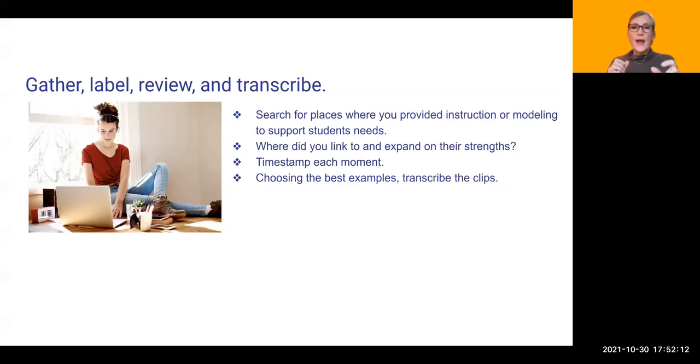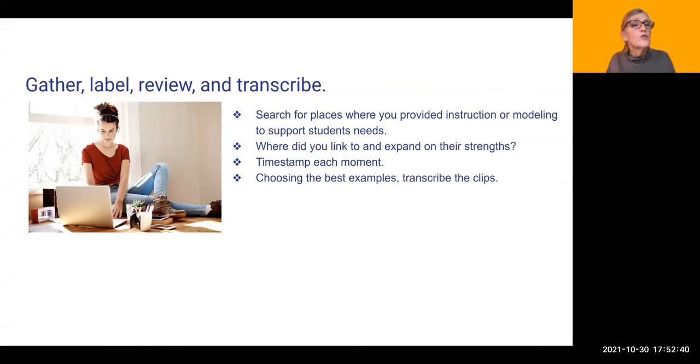And then pick the best evidence for strength and the best evidence for need within the constraints of what you can turn in. So let me explain that a minute. Very often students give 3 lessons minimum, and they will film that in 3 different sections, right? And supposing your evidence for a strength is in lesson 1 and your evidence for a need is in lesson 3, but lesson 2 has other good stuff that you want to show for other questions.